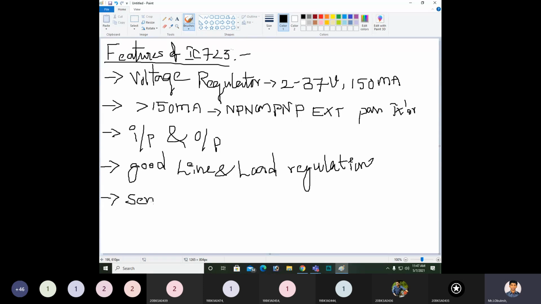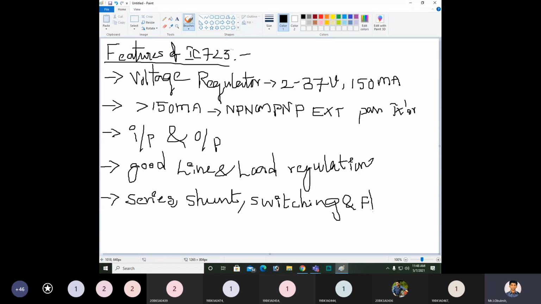Series regulator, shunt, switching, and floating regulator are the applications.